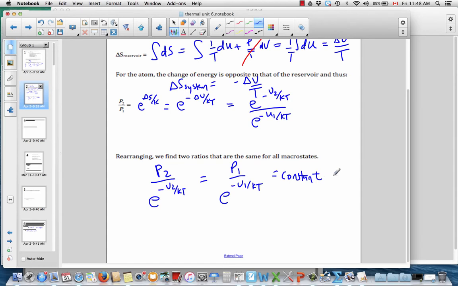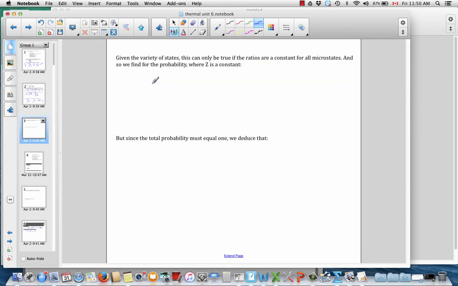And we're just going to define a letter Z. We'll say, okay, this constant is 1 over Z. So rearranging that result, we find the probability of a state i is some constant times e to the minus U over kT.